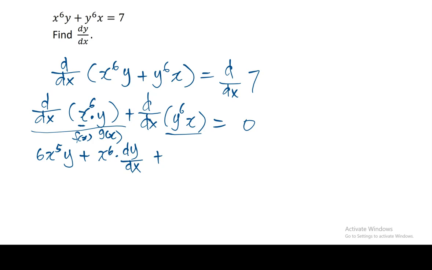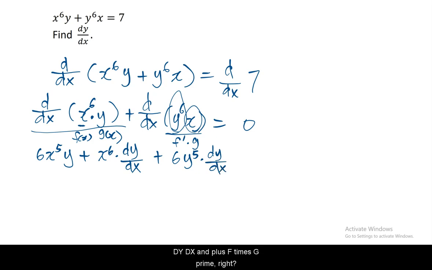Similar here, f of x, g of x. First is f prime times g, so that's 6y to the 5th times the derivative of y, dy/dx, and plus f times g prime. So that's y to the 6th times the derivative of x with respect to x, basically it's 1 here. Equals 0.